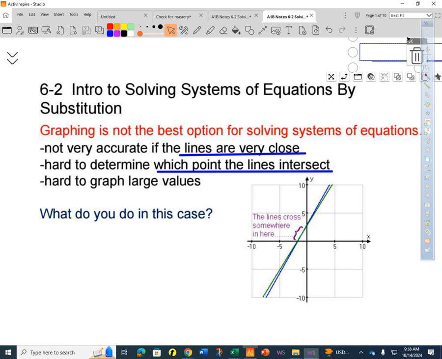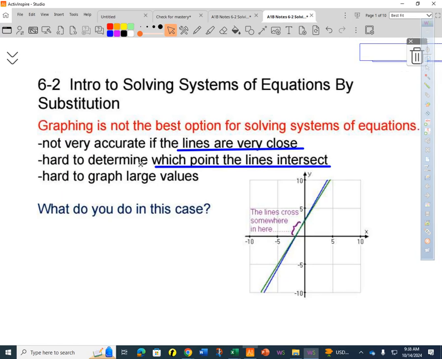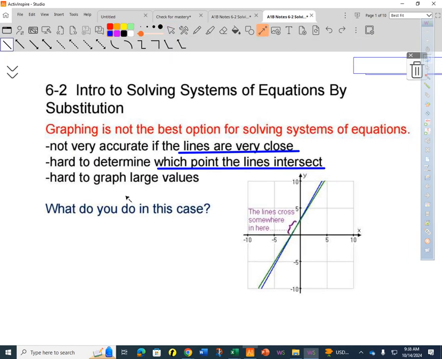It's hard to get a solution if you don't have all integer inputs and outputs. Working with fractions and decimals makes it very hard. We don't like to work with decimals and fractions even when we're solving algebraically, but it's much easier than graphing fractions and decimals.